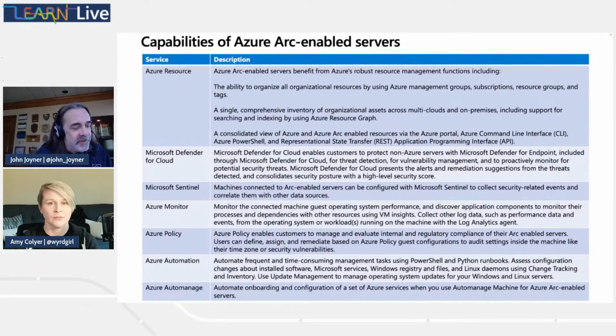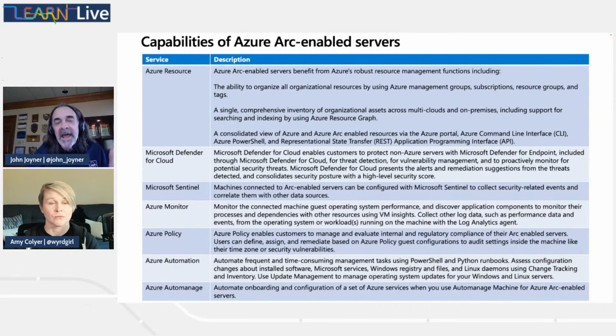The first one, Azure Resource, makes your Windows and Linux servers Azure resources, even if they're not in Azure. Why would you care? What is the value there? Single pane of glass. I can now use Azure Resource Graph and Azure Log Analytics queries to return a list of all of my servers or all of my apps in whatever cloud, of whatever OS.